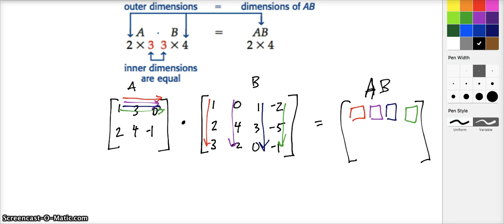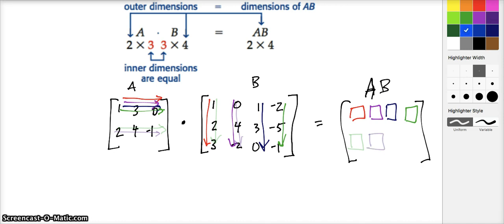Let me use maybe a faded out color, that would be better, right? That makes sense. So if I did this one and this one, I'm going to get this here. If I use this one and this one, I'm going to get this one here.